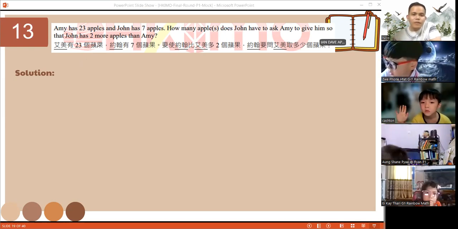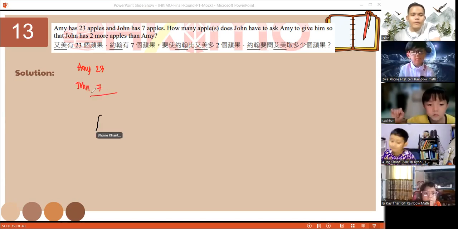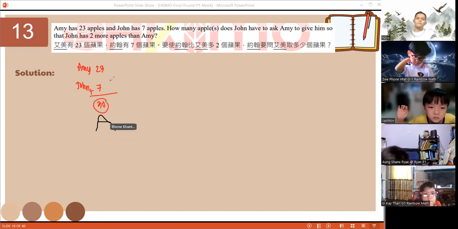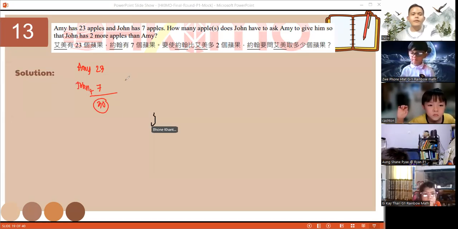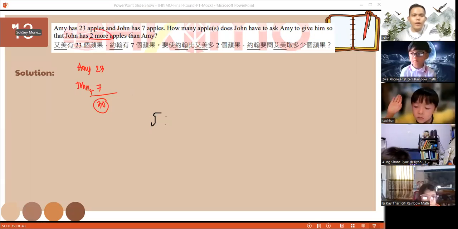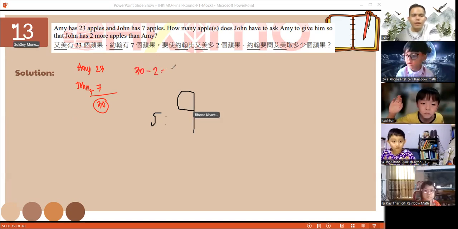Since Amy already has 23 and John already has 7, in total they have 30 apples, correct? In the 30 apples, you're going to remove 2 because it says here 2 more apples. So 30 minus 2, 28.